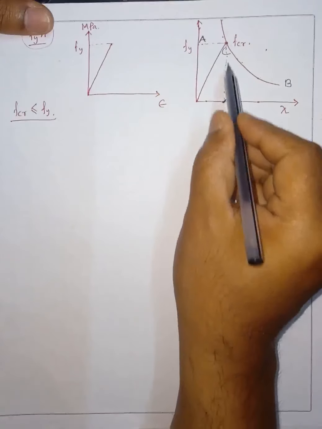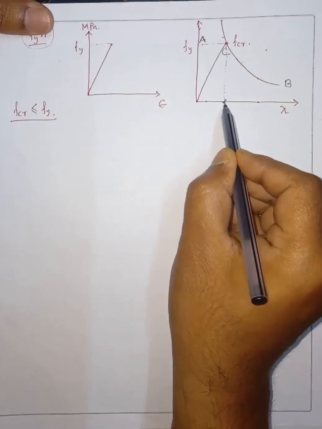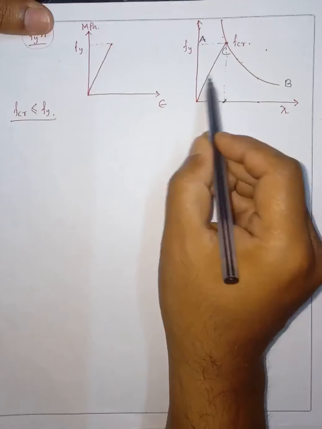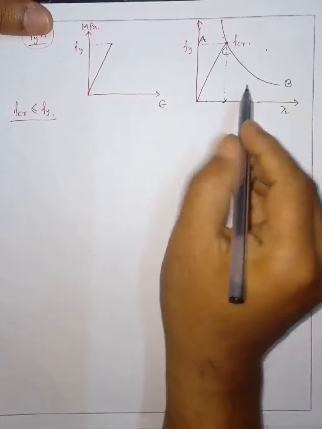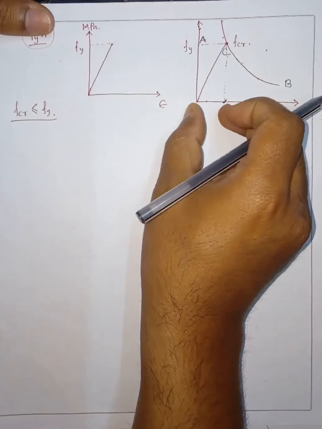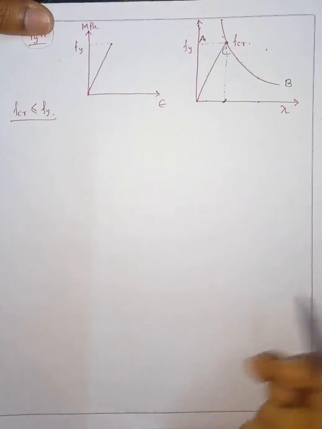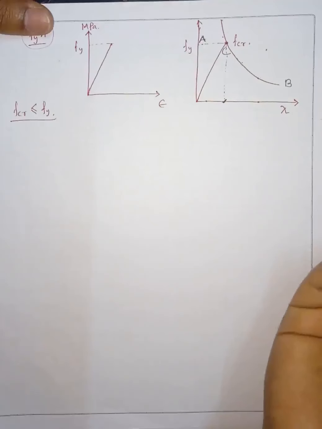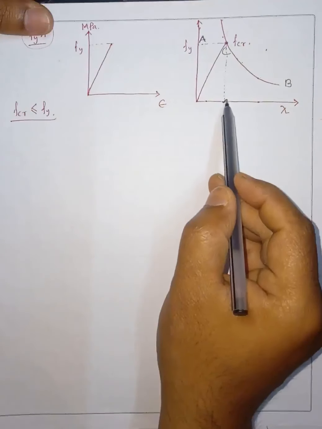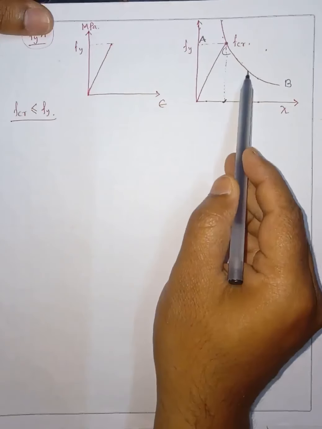So this point demarcates these two behaviors. This portion will be for short columns. As we all know, short columns fail by the crushing of the member, and long columns by geometric failure, that means buckling.